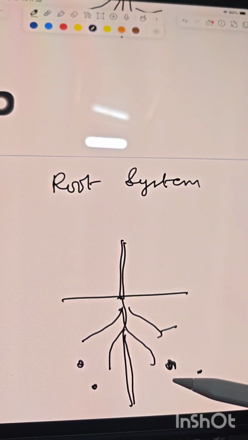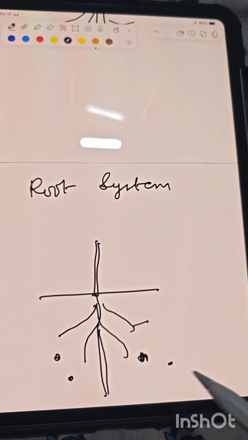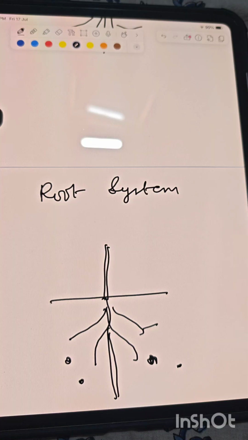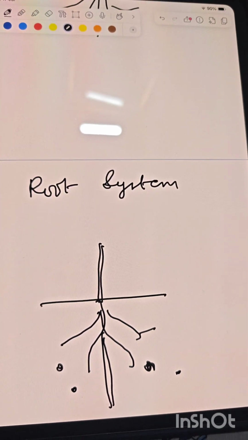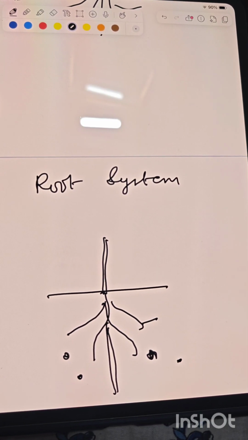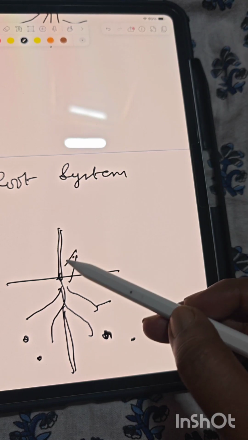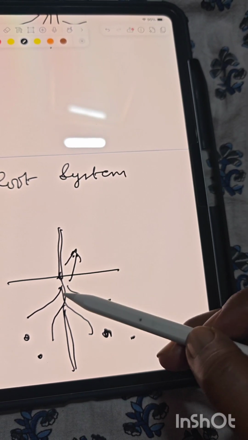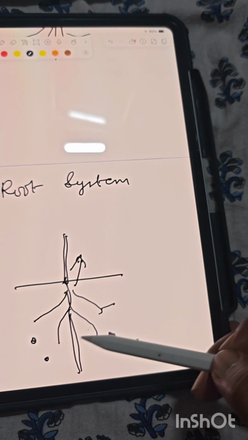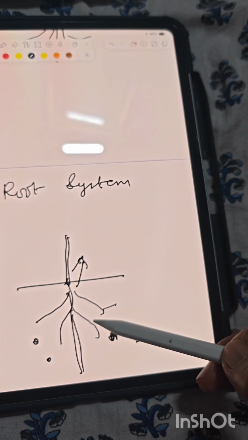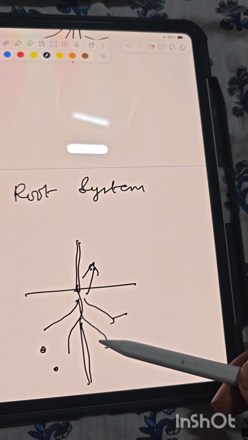The root system is the underground part of the plant that develops from the radicle. Its functions are anchorage, absorbing water and minerals, and transporting the water and minerals from the soil to the upper part of the plant. Also it helps in storage of food in different forms.